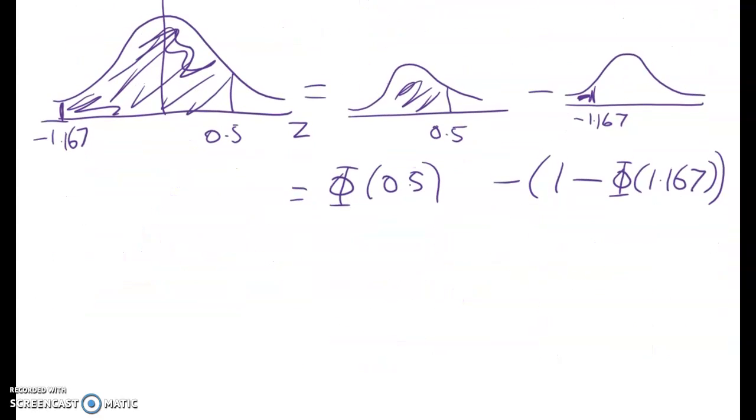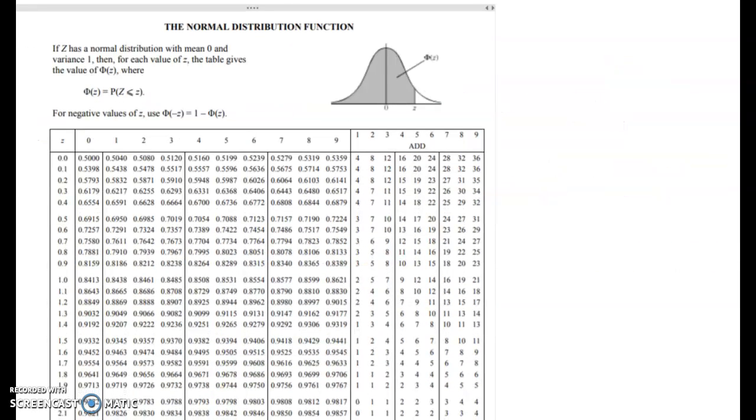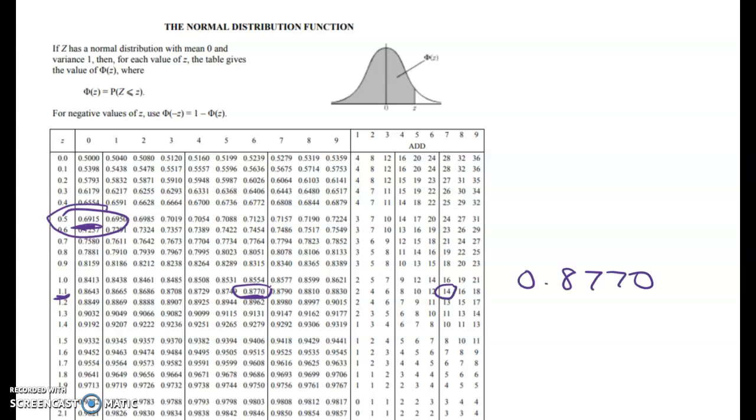Right, so now we can go to the table and check what those numbers are. For 0.5, it's easy, it's a nice value right here. And for 1.167, it's 1.16, and then I need to add on these digits over here. So that gives me 0.8770 plus those 14 extra points, so I get 0.8784.